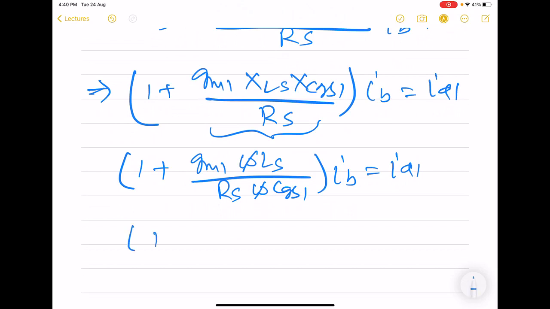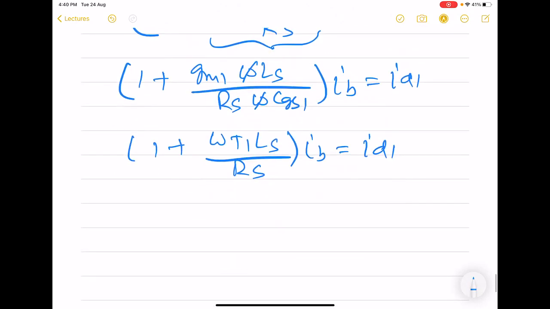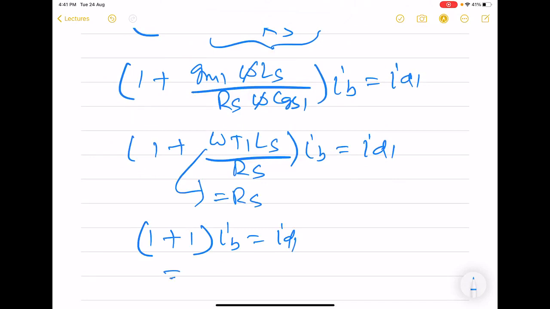So this is 1 plus omega T1 LS by RS into IB is equal to ID1. And keep in mind that for match case, this numerator is equal to RS. So this becomes 1 plus 1 IB is equal to ID1, that means IB is equal to ID1 by 2.